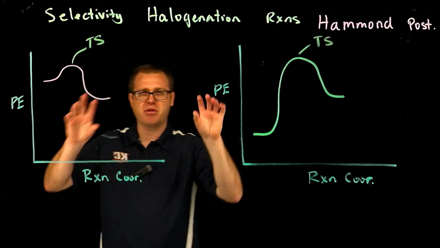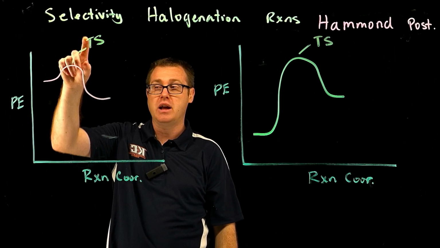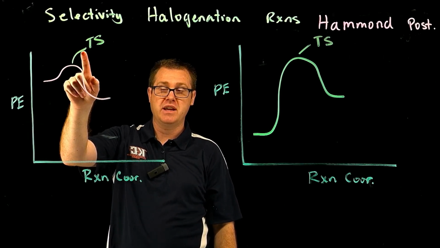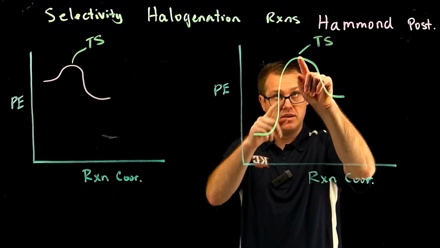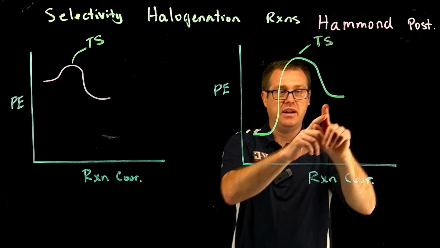If we just separate it, like separate and distinct, the transition state could look like the starting material, or the transition state could look like the intermediate. It's the same thing here. Does this transition state look more like the starting material or the intermediate?